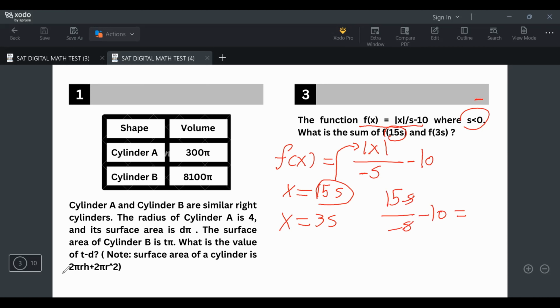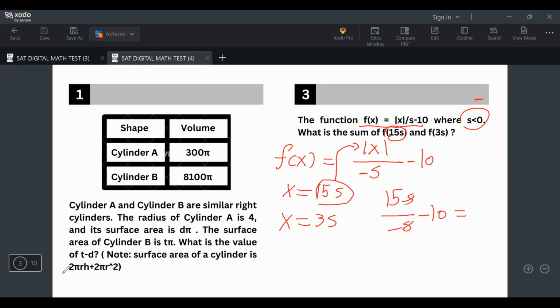Now we'll plug in 3s into the function again, okay? So we will have 3s divided by negative s minus 10. And s will cancel out with s again, and we will be left with negative 3 minus 10, which is equal to negative 13. So what is he asking for? He is asking for the sum of these two values, negative 13 and negative 25.